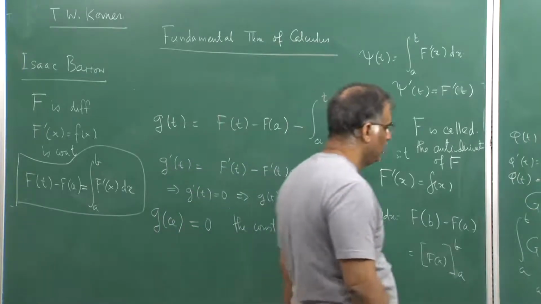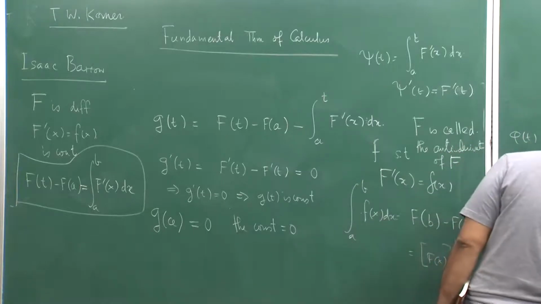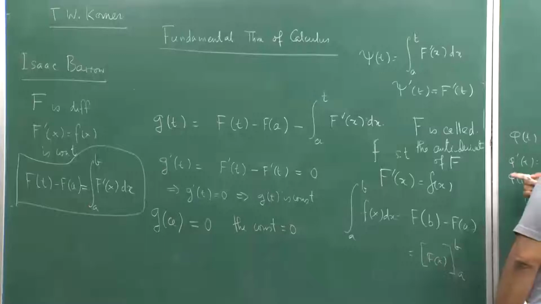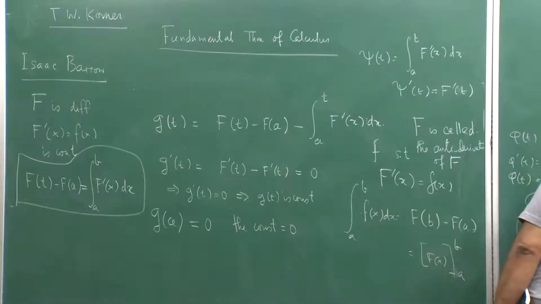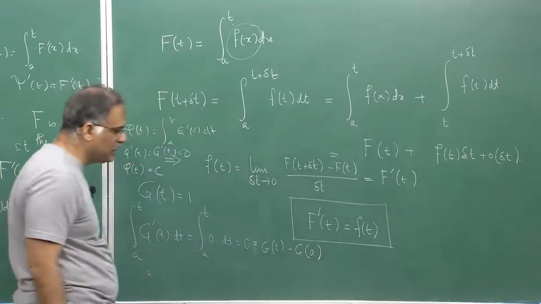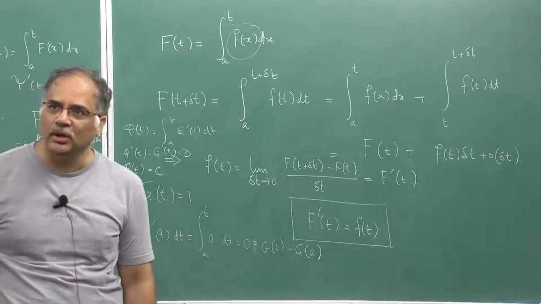Exactly. So 0 is actually g t minus g a. So if you go back and write that result, the fundamental theorem, because now g t is 1 and g a is 1.